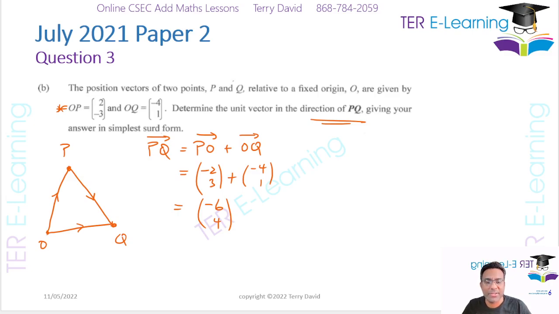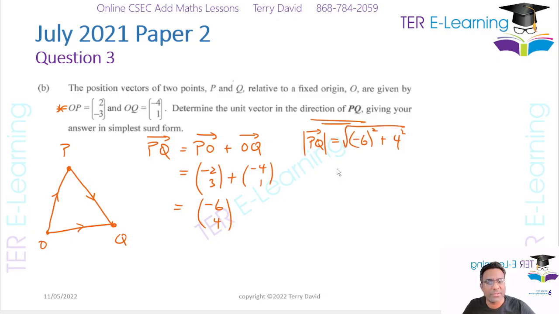The next thing we need to do now is figure out the length of this vector. So the magnitude of PQ is going to be equal to the square root of minus 6 squared plus 4 squared.